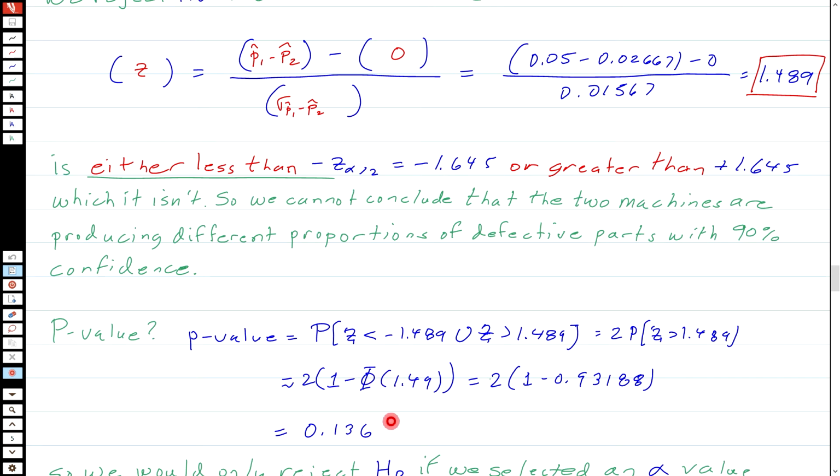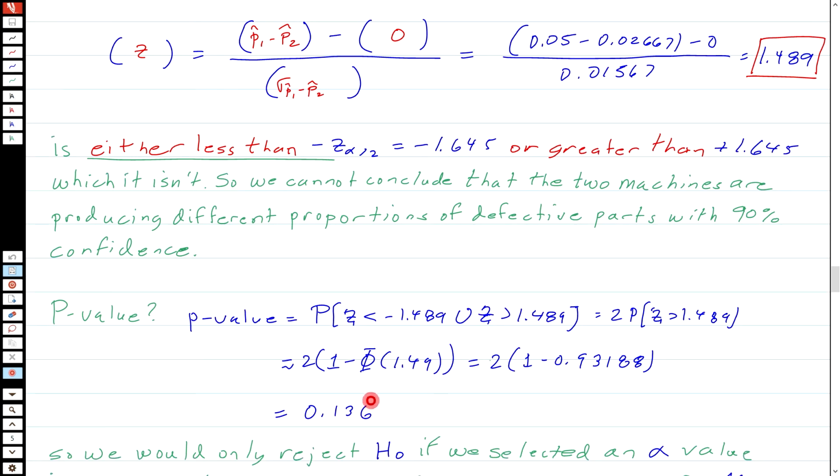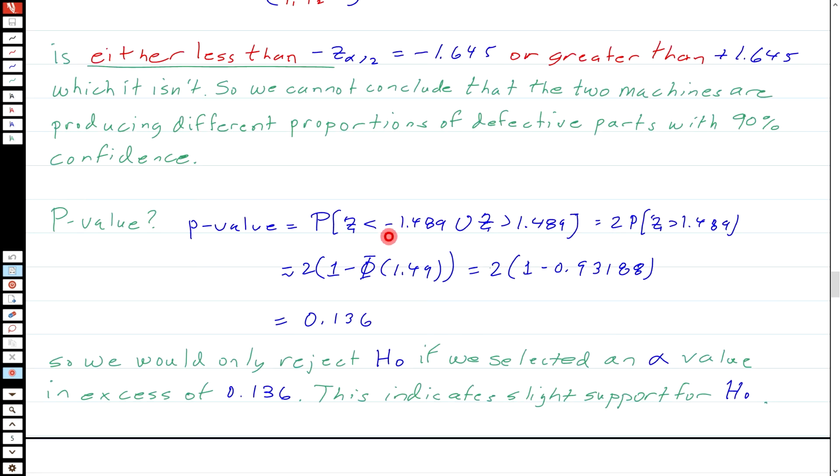And I get a p-value here of 0.136. So 1 minus that is 0.86. So I see that if I had an 86% confidence, I could have rejected H naught and concluded that the two machines are producing different proportions of defective parts. This is not a very large p-value, so it just indicates slight support for H naught.